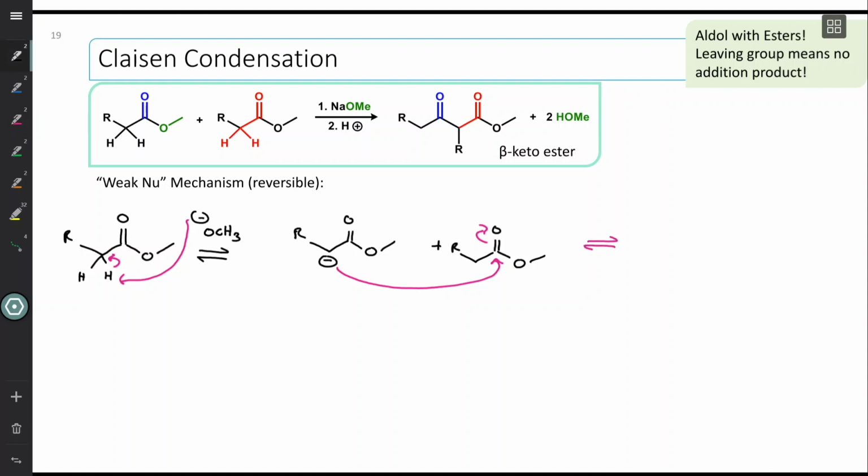And then we get our tetrahedral intermediate. So O minus, O methyl, and that R group over there. So instead of staying at this addition product, this will come back down and kick off our leaving group. This is our leaving group.